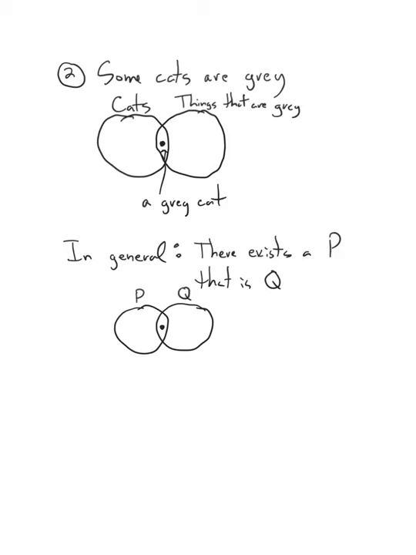So you can think, well, why do we even put this dot in? Well, I want to talk a little bit about vacuous statements, and we'll talk a little bit more about this when we talk about conditional statements.